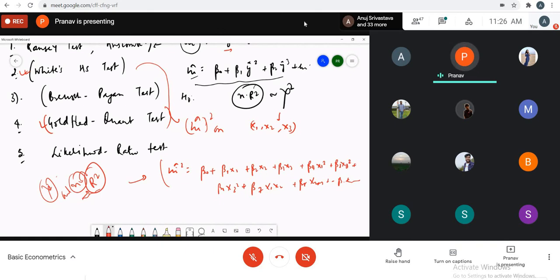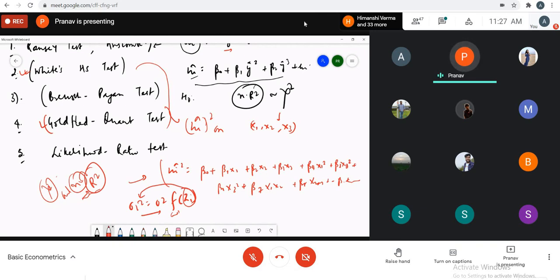The Breusch-Pagan test almost runs on the same idea. It assumes that the heteroskedastic variance is some function, that is, sigma square is sigma square f(zi), where zi is some variable which influences the error variances. It does not matter what kind of functional form this is. So the Breusch-Pagan test does not depend on the functional form of this relation.